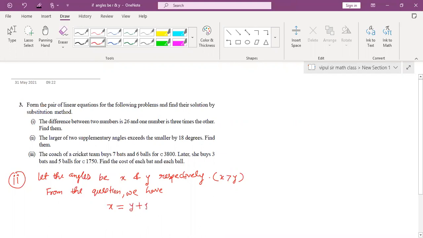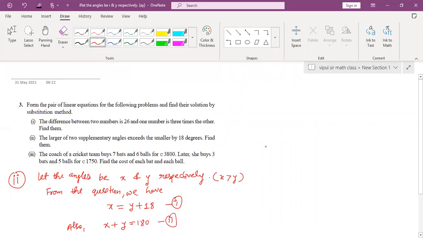This is the first equation. And we know that the sum of these two angles will be 180 as they are supplementary angles. Also we have x plus y is equal to 180. This is equation number 2.